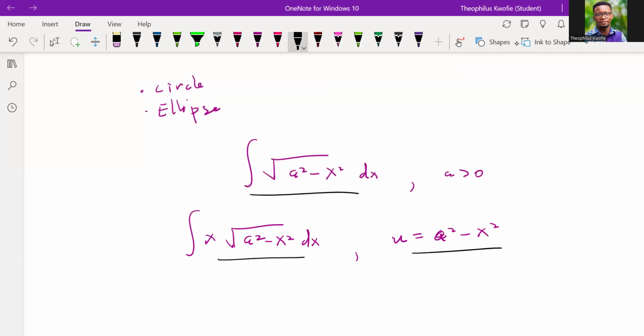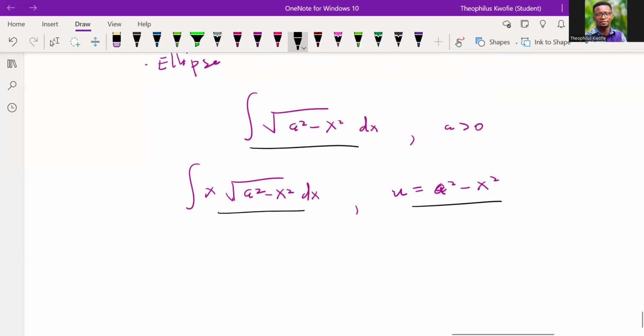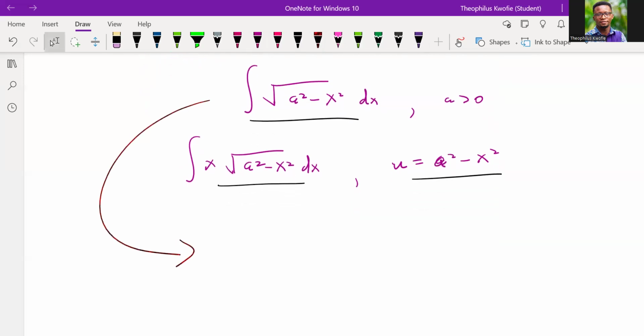So in that case, we may want to change from one variable. The variable we are concerned about is x, so we want to change from x to theta by a substitution.